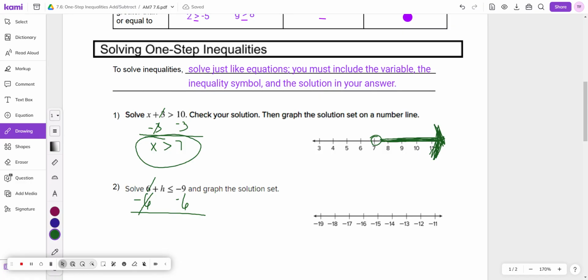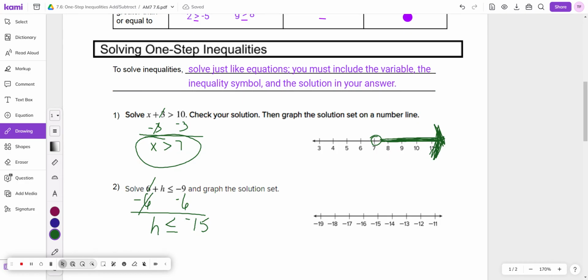My 6's cancel out, leaving me with just h on the left-hand side. Bring down my inequality symbol. This time it is less than or equal to, and negative 9 minus 6, or think about negative 9 plus negative 6, same signs, add them together. So that means it's 15, and since they're both negative, my answer's negative 15.